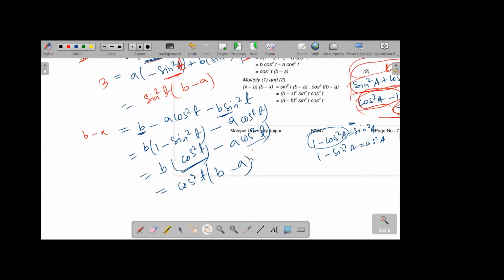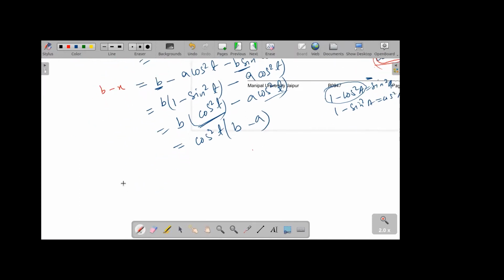Now we have to find x minus a multiplied by b minus x. So x minus a was sin square t multiplied by b minus a. B minus x is cos square t times b minus a.